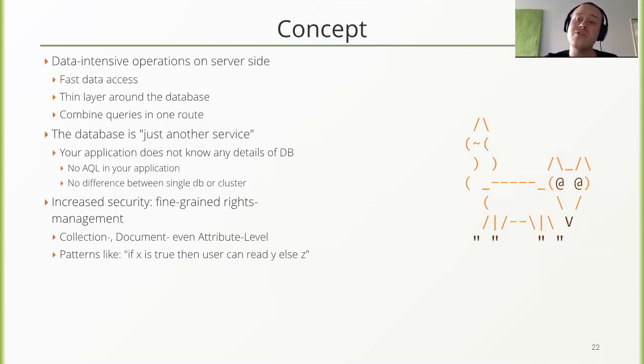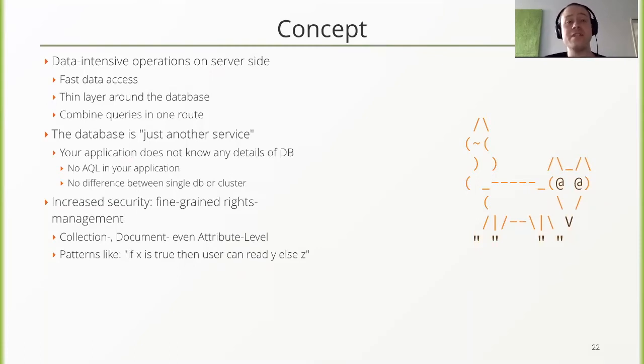If you now go a round trip, asking the database for the fast query just returns 3 items to your front end, you'll actually have to ask again, oh, please give me 7 more, and do a slower query. If you encapsulate it in a Foxx service, the service can already figure out, oh, the first query just gave 3 results, I just directly execute the long running query because you need that anyway. And then I will give you 10 results back in one go. So you just have one call to the database and you get both queries executed if necessary or not.